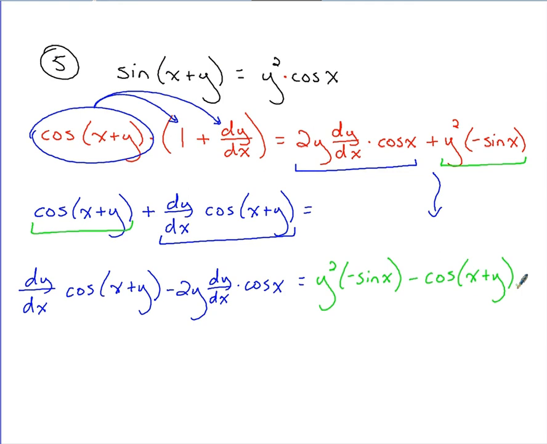We're at the point now where we've got the dy/dx's on their own side, meaning we can factor out the dy/dx. Whatever is left attached here to the dy/dx, we can divide that over, and dy/dx will equal, well, this green mess.